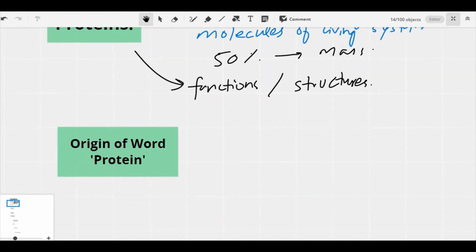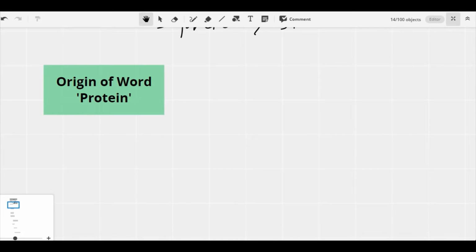Now what is meant by protein, or what is the origin of the word protein?